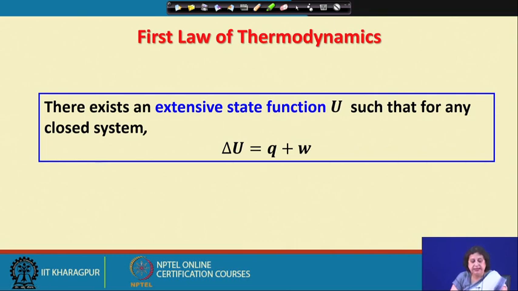It says that this is a function, it undergoes a change in value delta U during a change in state, and delta U is equal to Q plus W, where Q is the heat exchanged and W is the work done during the change in state.